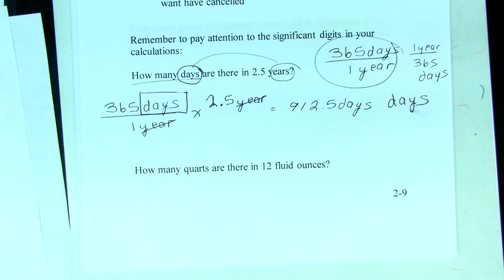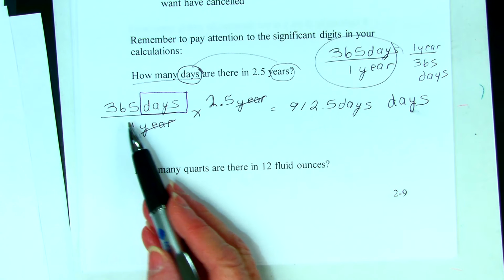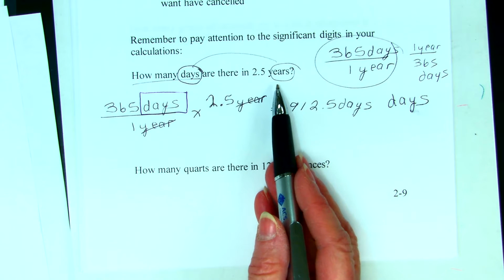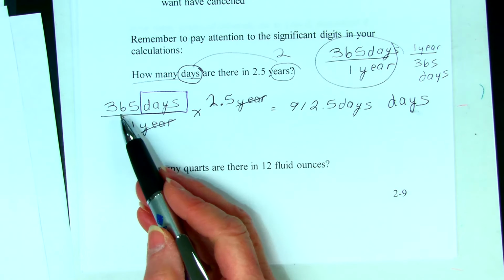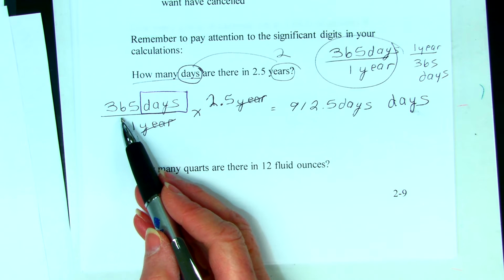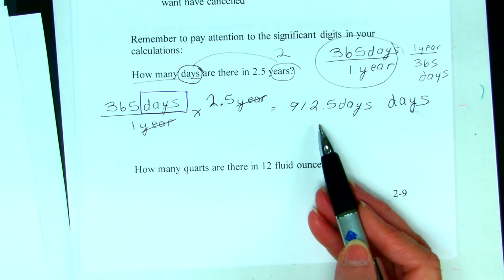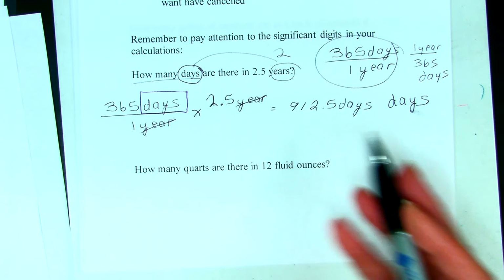Now I stop and think about significant figures. Now that significant figures are always turned on. How many sig figs were in this number? 2.5. 2. And how many are here? 3. So how many can I report? 2.